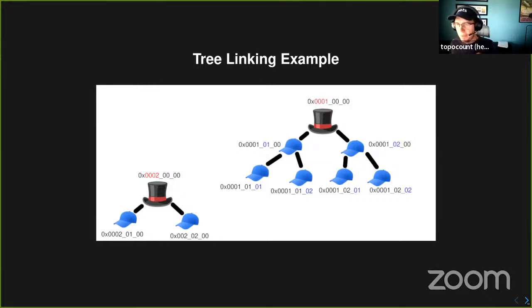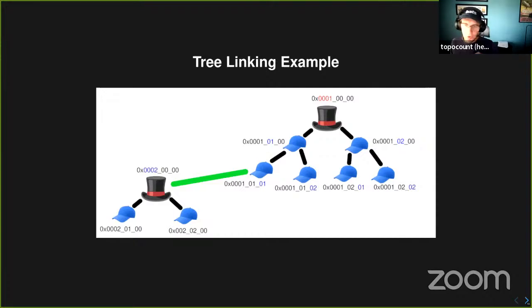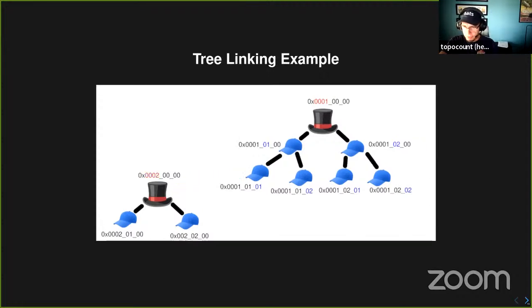So how does that work? All we do is create a storage bound link between the top hat and the hat that we're linking it to as its admin. You might also notice that the top hat's address went from red to blue.